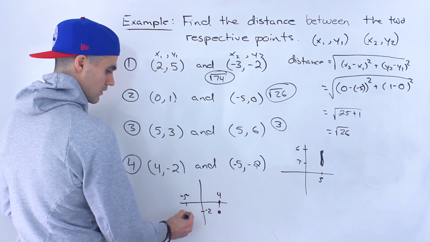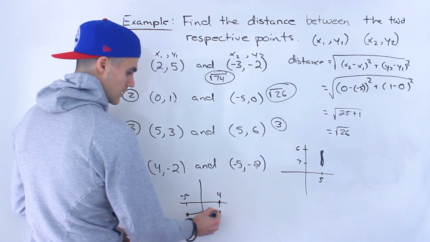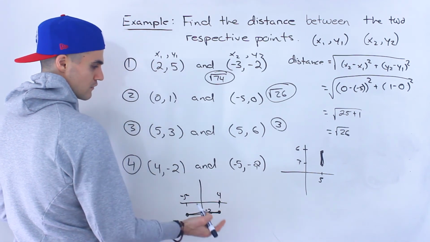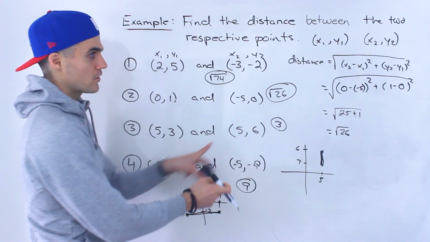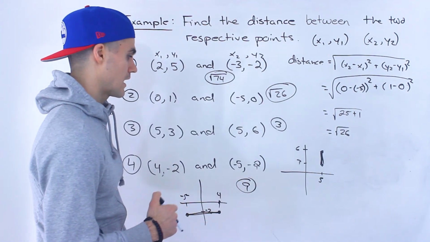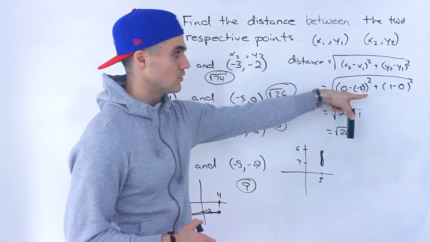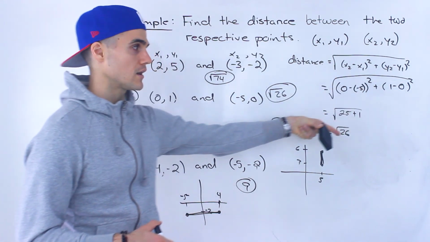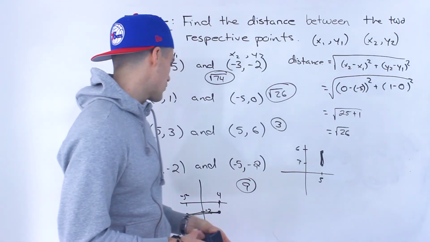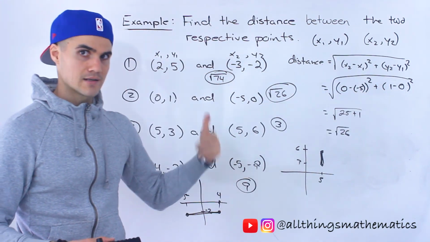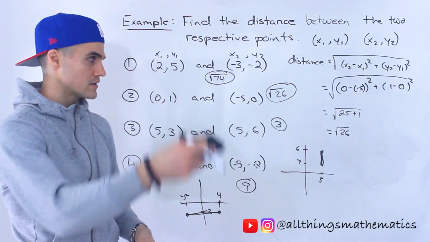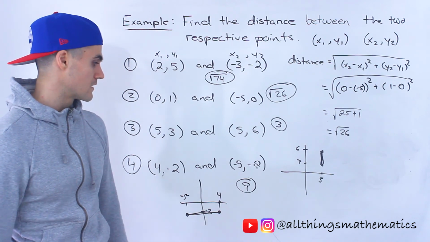What's the distance between -5 and 4? It's just 9. And if you take these points and plug them into the formula, you would get 9 as well. You'd end up getting the square root of 9 squared, square root of 81. And then the y bracket here would be 0, because -2 minus -2 is like -2 plus 2, which gives you 0.